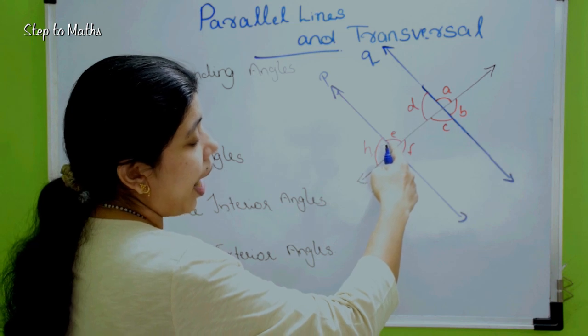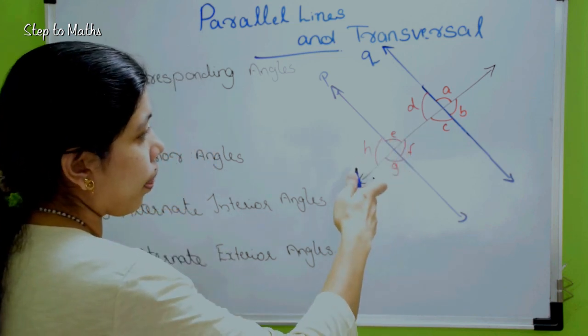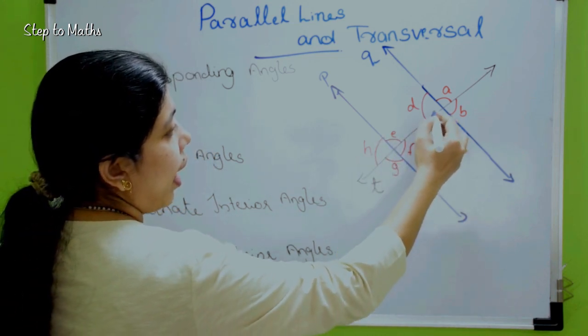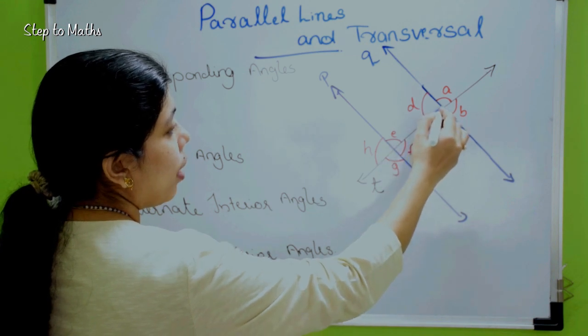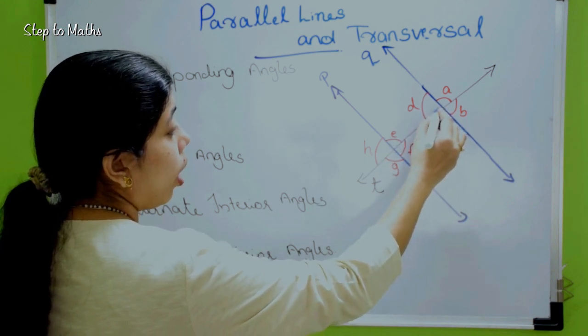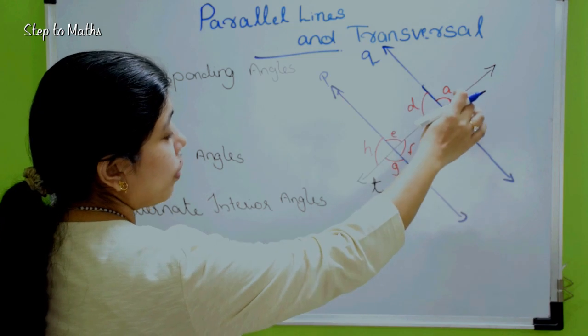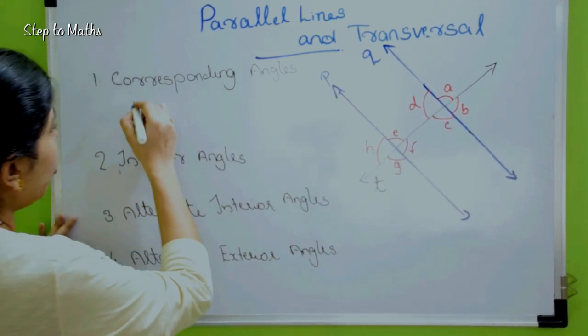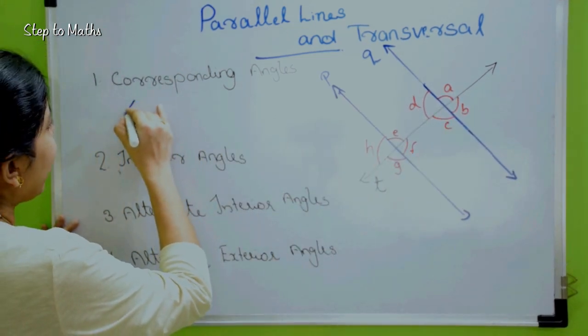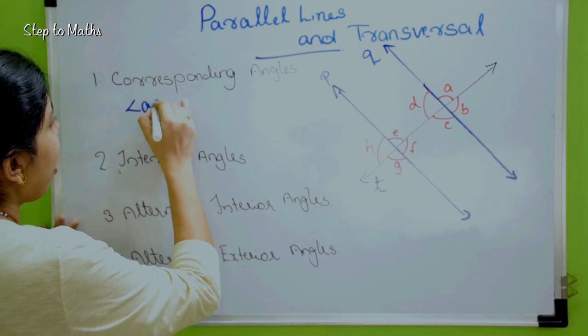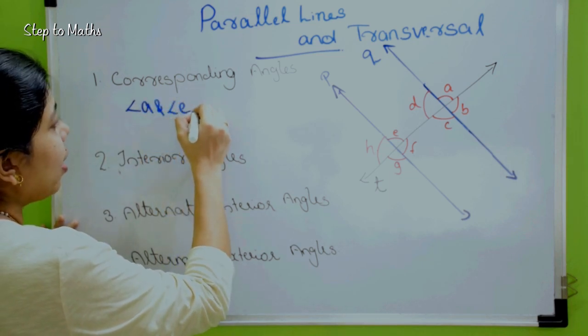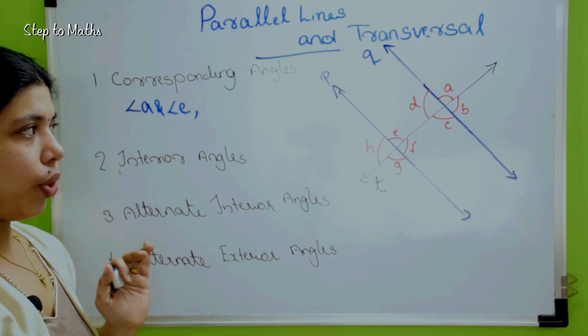Here angle E, the arm of angle E is in the same direction as this angle A. So we can say that angle A and angle E are one pair of corresponding angles.